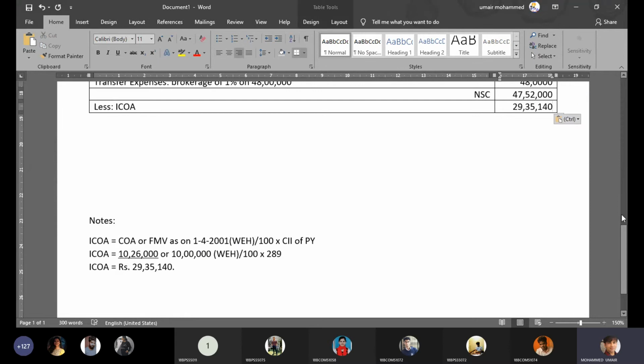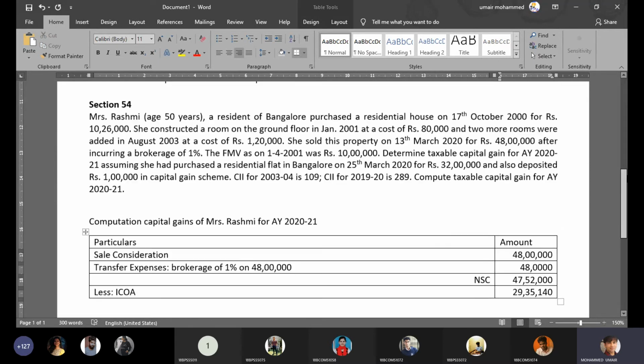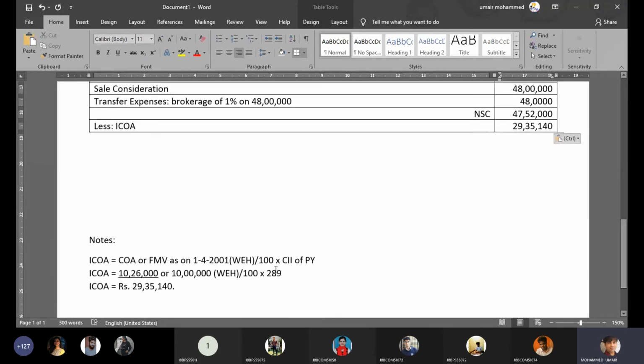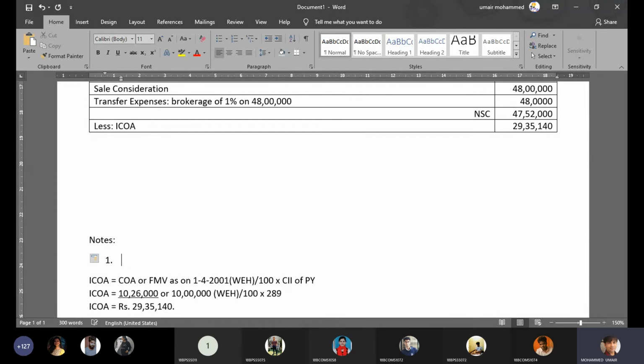The house has gone through 2 improvements, which you guys can see here in the question.